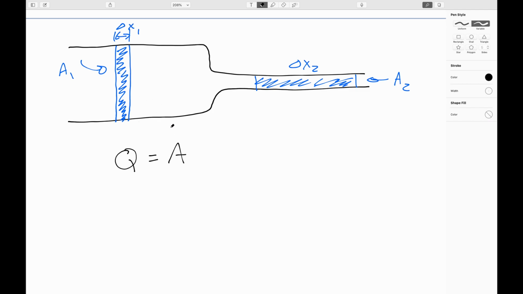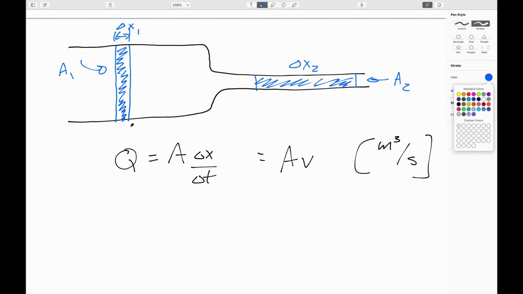And to get a volume here, I'll times that by delta x, and then to get a rate, I'll divide by delta t. So this turns out to be equal to the cross-sectional area times the speed of the fluid. And the units of this are typically given as cubic meters per second or liters per second, but keep in mind there are 1,000 liters in a cubic meter, so be careful about your unit conversions.